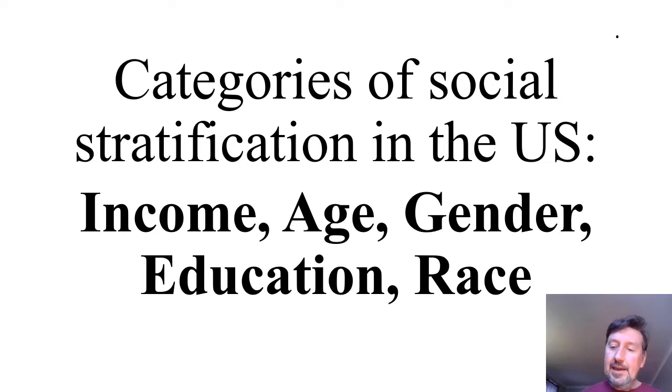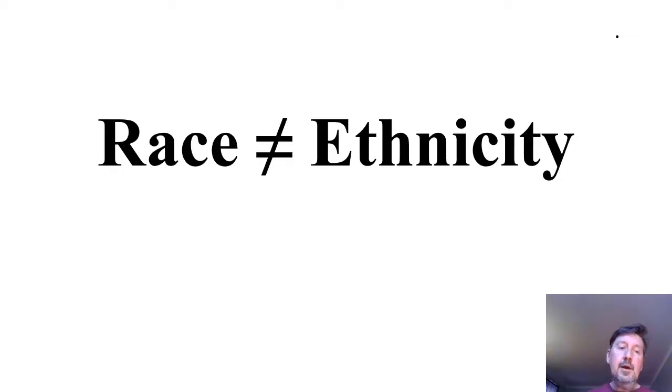Race is a major category of stratification in our society, and this was the focus of our next unit in class. Remember that race and ethnicity are not the same things. Race is a system of classification that divides people based on observable physical differences.